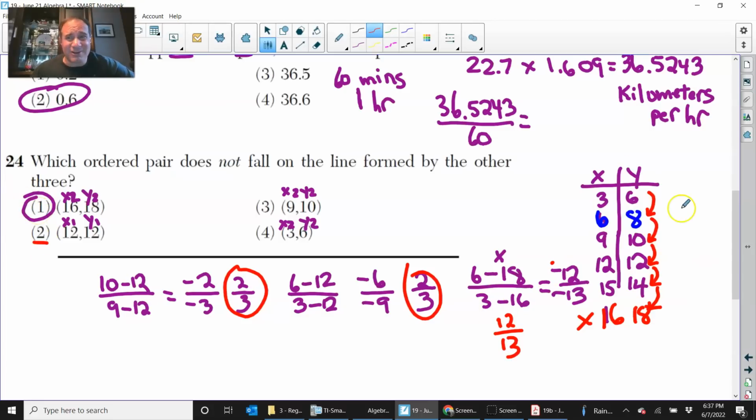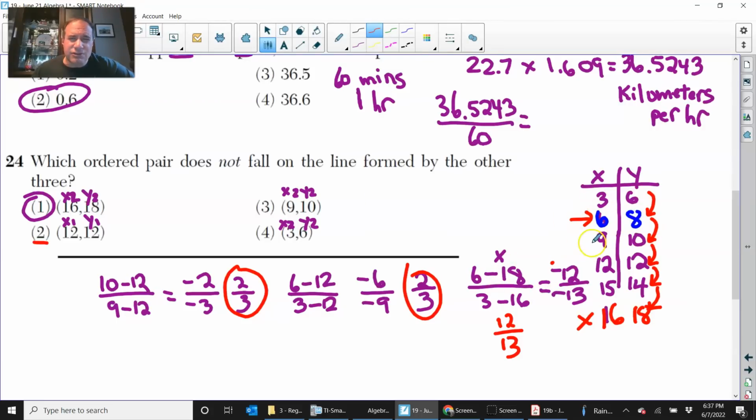And then when I tried to put it in a table, all of these 3, 6, and then I used the pattern to make 6, 8. You don't have to do this. I already showed that 1 does not fit in as far as the rate goes. But then 9, 10 was next.